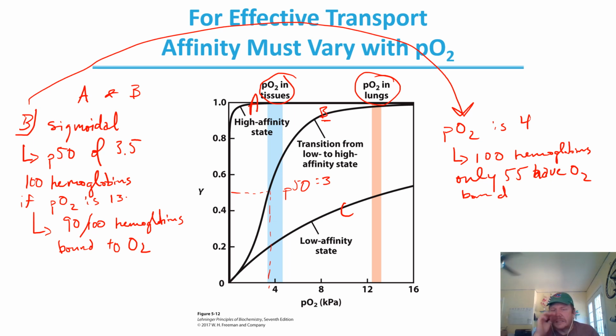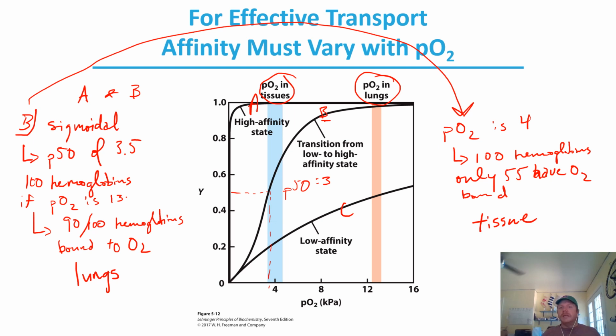So going from our lungs to our tissue, of our 100 hemoglobins that are in the lungs, they're going to take up a bunch of oxygen. There's going to be 90 that have all of their oxygen bound. They're going to move through the body, land in the tissues, and now all of a sudden, only 55 of those proteins have O2 bound.